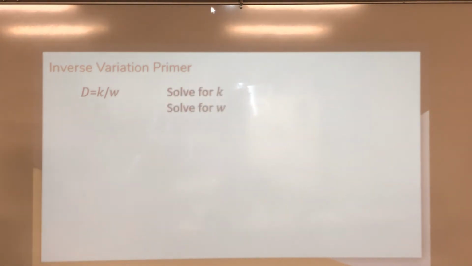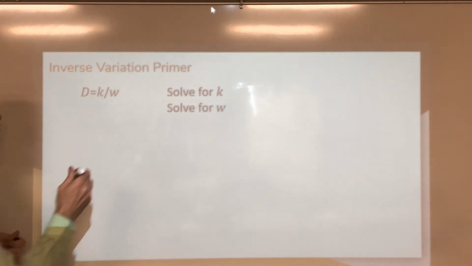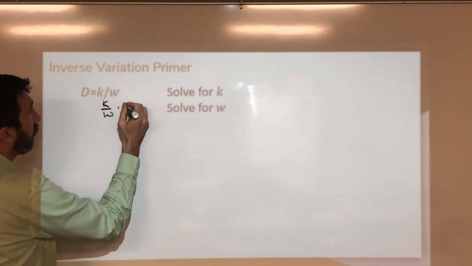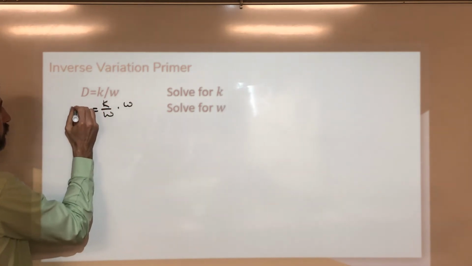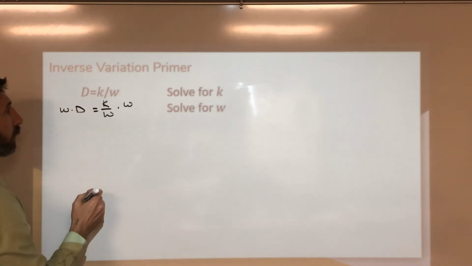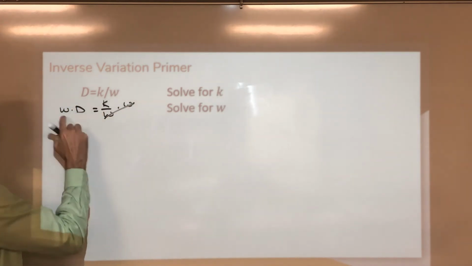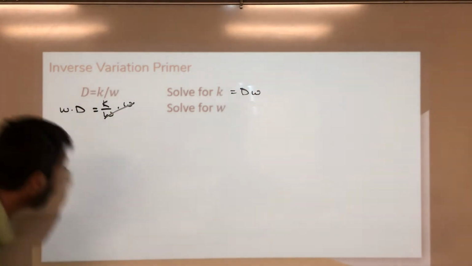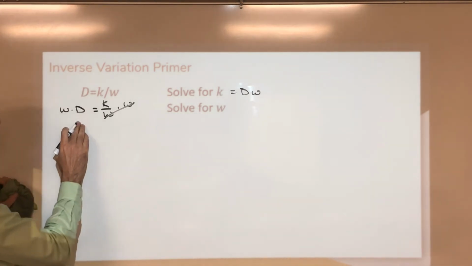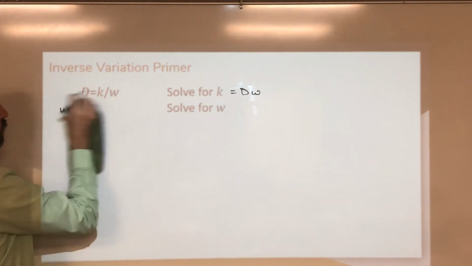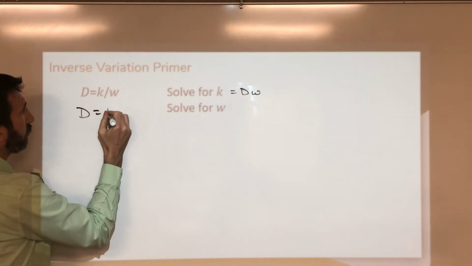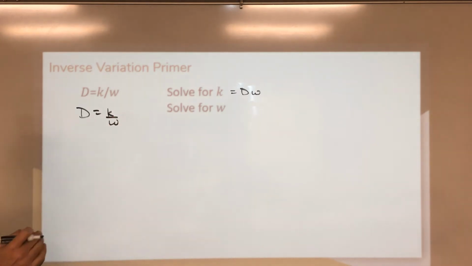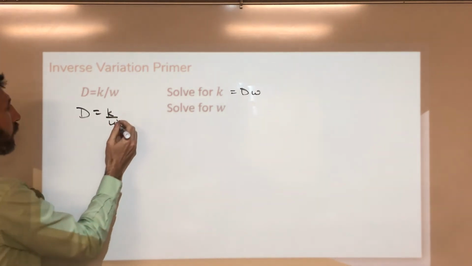And just like with direct, we can solve for k, or we can solve for w. So if we want to solve for k, we're going to take our k over w and multiply times w. We're going to take our d and multiply it by w, and k is going to equal d times w. Now, if we wanted to solve for w, we still have to multiply times w, because we've got to get this to the other side, because it's in the denominator now.